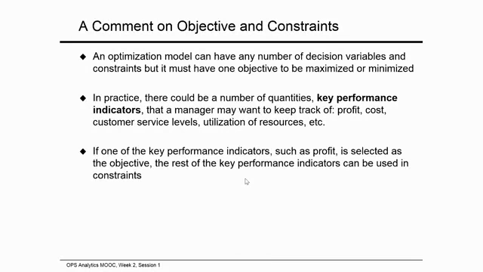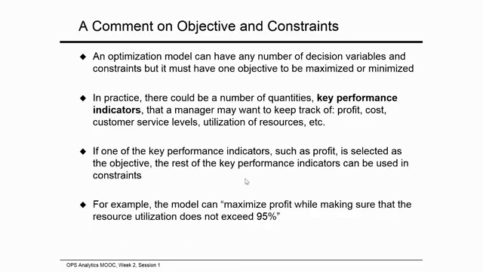You can choose one of them to be an objective and treat the rest of them as constraining factors. For example, you can try to maximize profit while making sure that the resource utilization does not exceed some threshold level. Here, a profit is chosen as an objective, and a resource utilization forms a constraint.